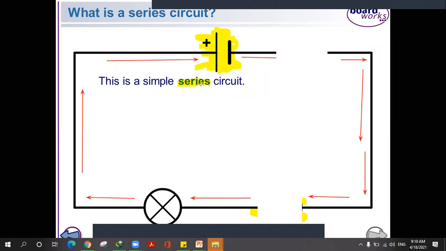So what is a series circuit again? It happens when everything is connected in the same path. It only has one path for the electricity to move through.